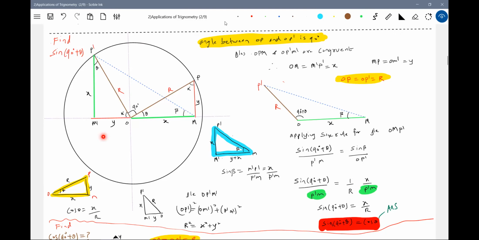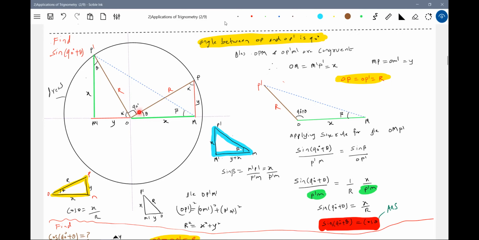There's a circle which I drew. Now we have a circle here. In the circle, you check it now. Let me first define the angle here.